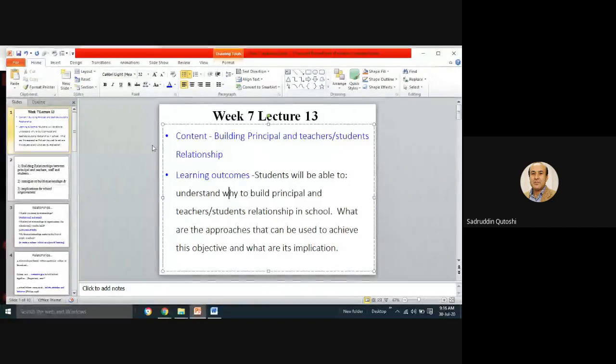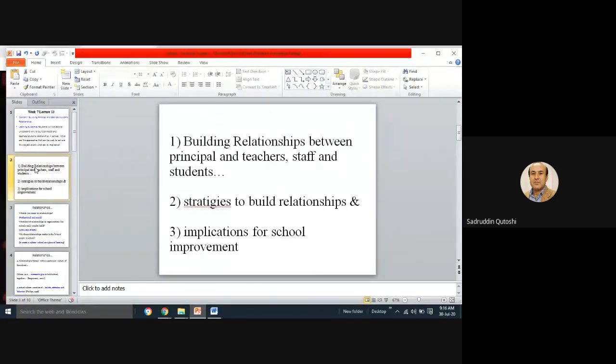At the end of this lesson, you, as course participants, will be able to understand the meaning of relationship, what kind of relationships we need to build, and why we need to build some particular relationship in school.